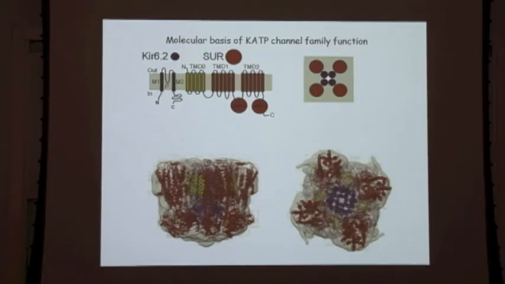The sulfonylurea receptor protein is a member of the ATP binding cassette superfamily of membrane proteins, which includes CFTR, which generates the chloride current that's lost in cystic fibrosis, also multi-drug resistance proteins.